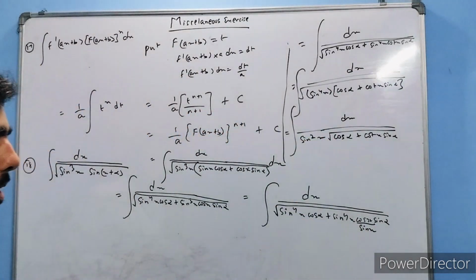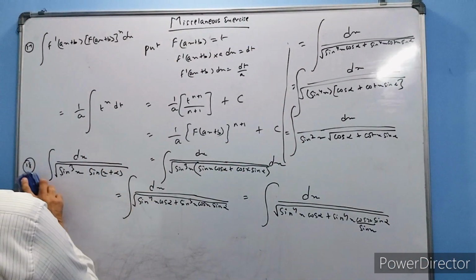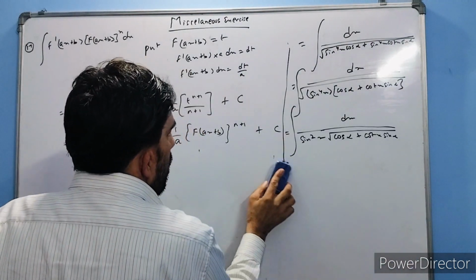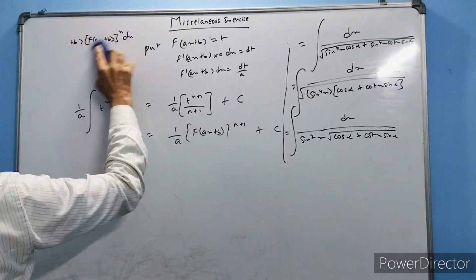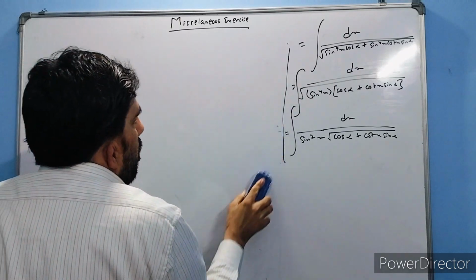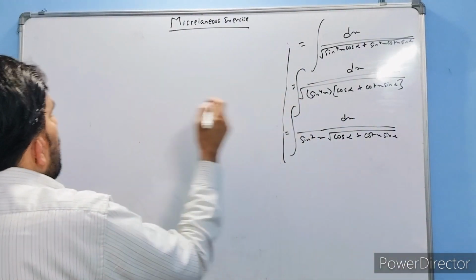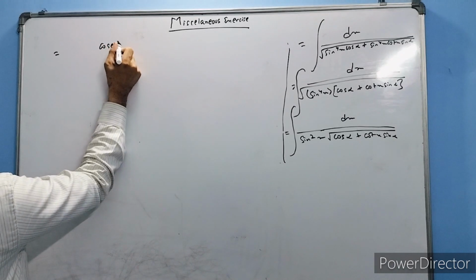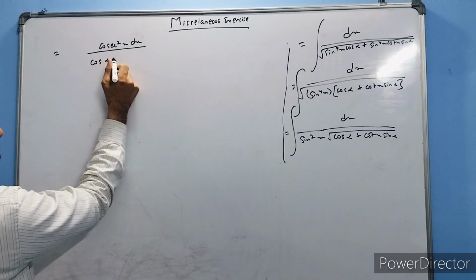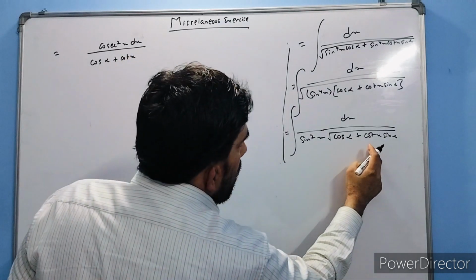Now 1 upon sine square x is cosec square x. So this will become cosec square x dx upon the root of cos alpha plus cot x sin alpha.